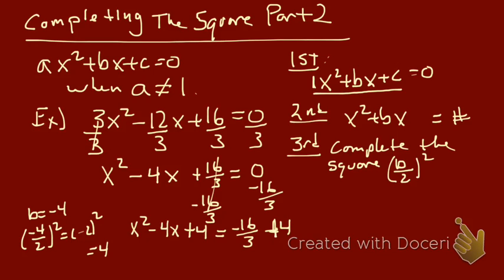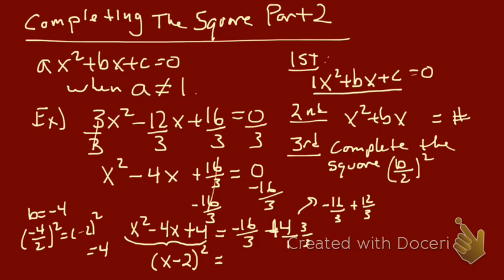What we now have, guys, is a perfect square trinomial that I can factor into just x minus the b value cut in half, squared. In this case it'll be x minus 2 squared. And over here I have to get a common denominator, so I'd have to multiply the 4 over 1 by 3 over 3. That's going to be, let's just do a little side note over here, negative 16 thirds plus 4 times 3, which is 12 thirds.